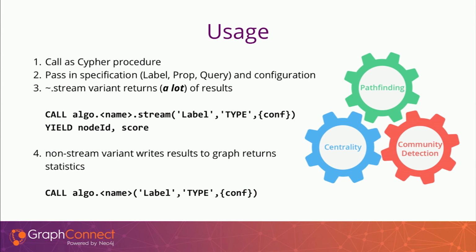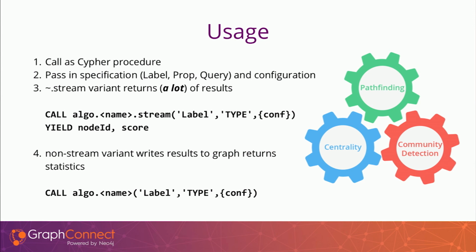That was also the way we wanted to expose these algorithms. We didn't want to invent a new language or put a layer on top of Cypher. We just wanted an easy way to take your data, pass in a few parameters, select the algorithm, run it, and be done. It shouldn't take more than a few lines of code to run even an advanced algorithm.